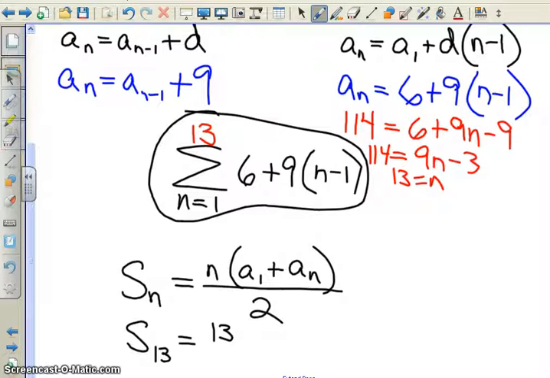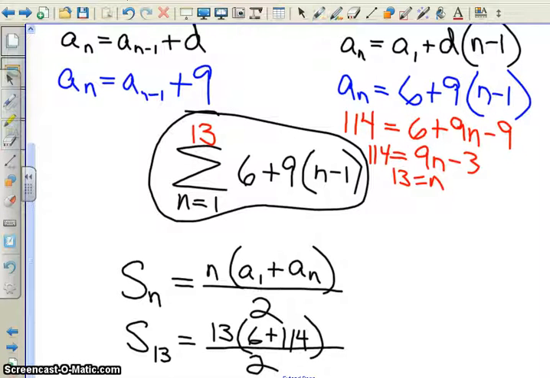So I'll do 13 times the first term, which was 6, plus a sub 13, or the 13th term, the last term, is 114, all divided by 2. So 6 plus 114 is 120. Half of 120 is 60, and 60 times 13 will be a sum of 780.